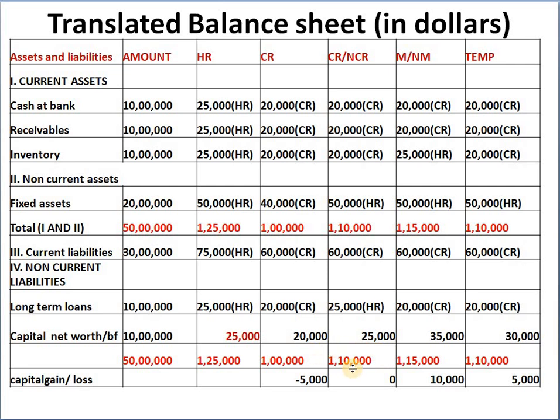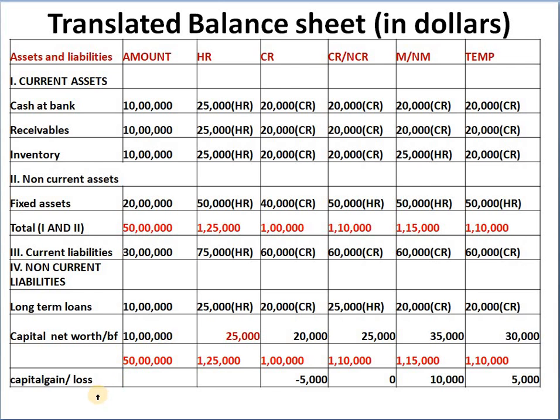Here 1,10,000 minus 25,000 minus 60,000, you will get 25,000. Again 1,15,000 minus 20,000 minus 60,000, you will get 35,000. 1,10,000 minus 20,000 minus 60,000, you will get 30,000. So you got the balancing figure now.